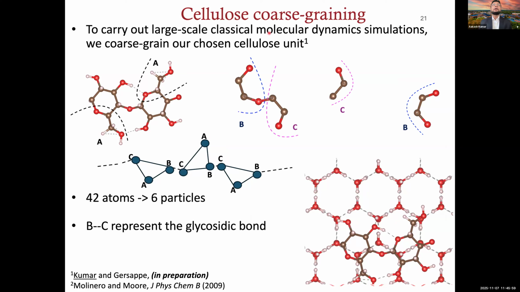And so that's why we have to resort to something called coarse graining. If you remember the first plot that I had, where we talked about multi-scale modeling, right above electronic we had something called atomistic, and above that is something called coarse graining, which means we can now group a certain number of atoms together to reduce the details in our model and make it simpler, but also be able to access a really large region of the configuration space, as well as larger length scales.